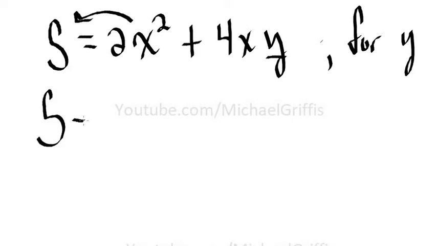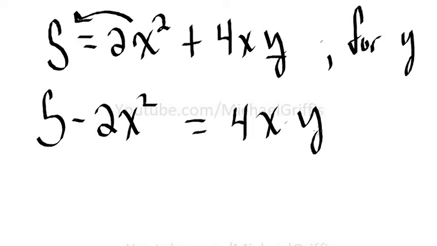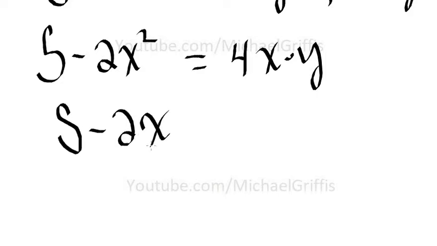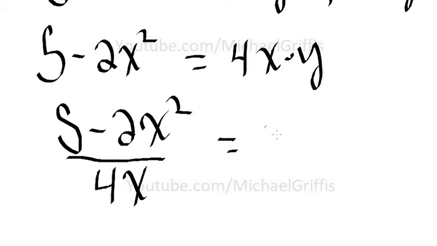So we have s minus 2x squared. We'll go ahead and rewrite. And because 4x is multiplied by y, we can just bring it diagonally down. This is the shortcut way of doing things. In other words, you're multiplying both sides by 1 over 4x.